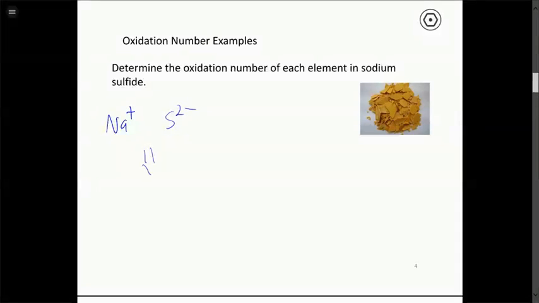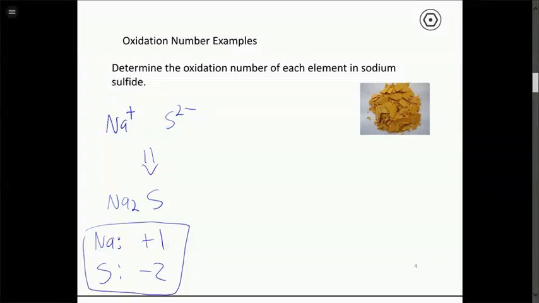The formula for the neutral compound is Na2S. And as we said, for an ionic compound, the oxidation number is just equal to the charge on the ion. So each sodium, there's 2 sodiums, each one is going to have a +1 charge, and it's going to have a +1 oxidation number. And then the sulfur that's in there has a -2 charge as sulfide, so its oxidation number is going to be -2.